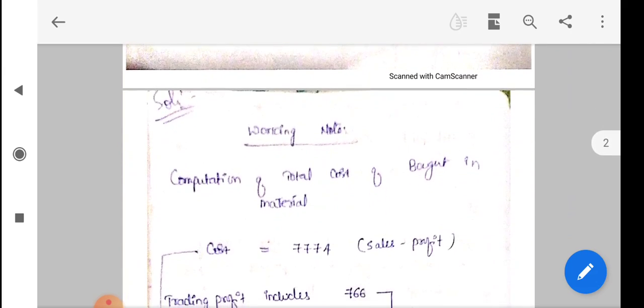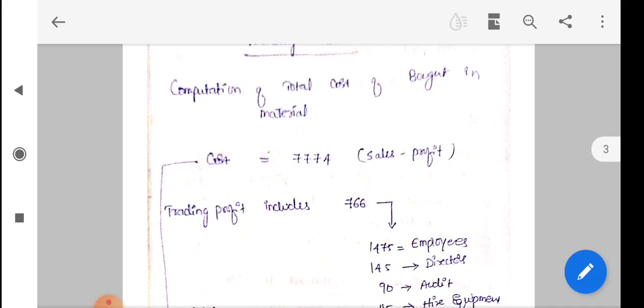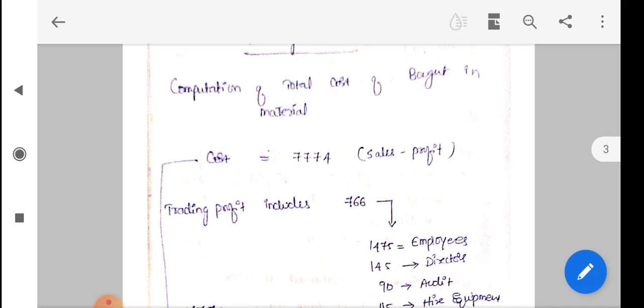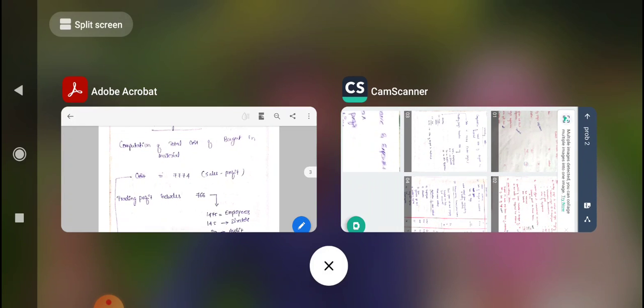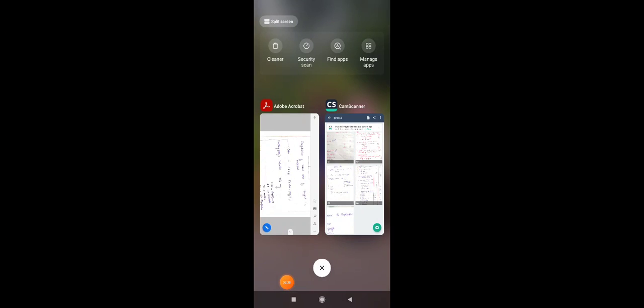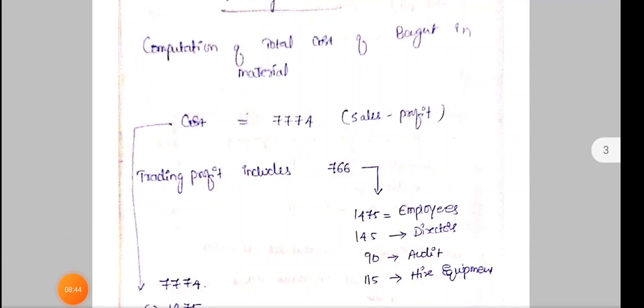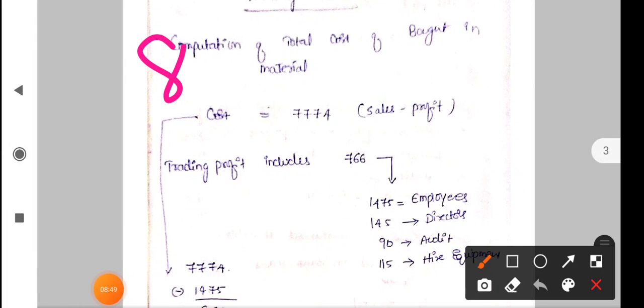Here we have the total sales and the profit. They have given us the sales, 8,540, right?